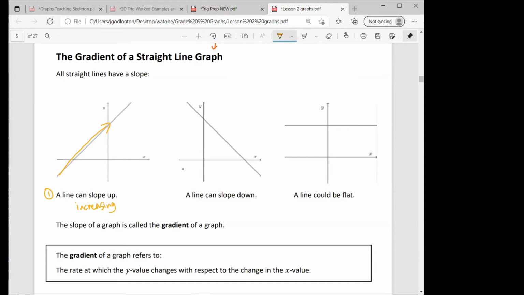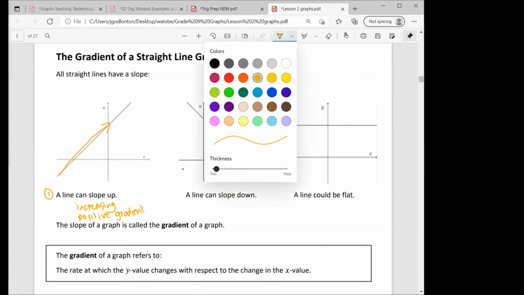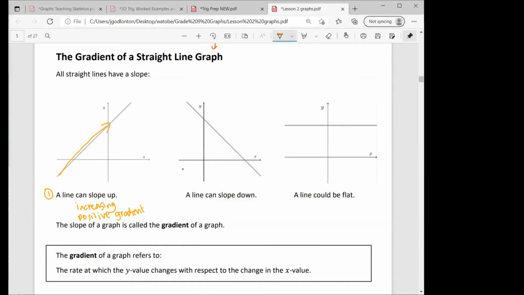And that would be called a positive gradient. And these are all words that we're going to be using quite often as we work through functions, so they're good ones to know. Then in our second graph, we have a line that is going down if we read it from left to right. And so that is called a line that is decreasing. And we could say it has a negative gradient.